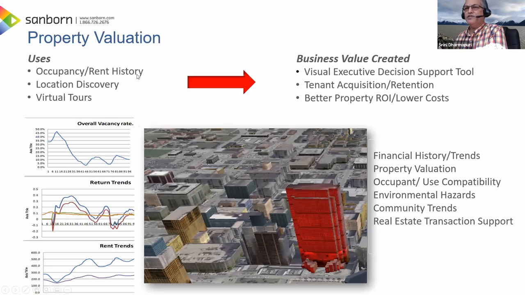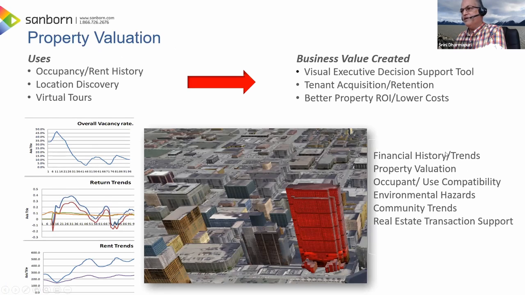So let us take the first one, which is property valuation. What we see as the uses are the occupancy and rent history, location discovery, and the virtual tour. These are all the uses of the digital twin in the case of property valuation. Because it is used for the virtual tour, it can be used as a visual executive decision support tool, and it can provide better property return on investment as well as lower cost.